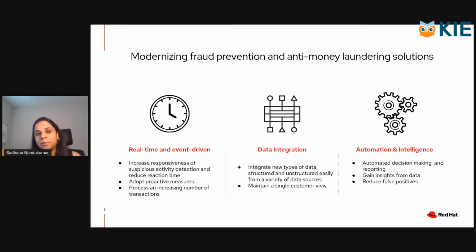So when you have incoming transactions, we want to be able to take action on them in real time. As we're talking about anti-money laundering and fraud, these are financial crimes, and that basically translates into money loss. And so essentially what we're trying to do with this event-driven architecture is an ability to identify and fix an issue even before it becomes a problem.